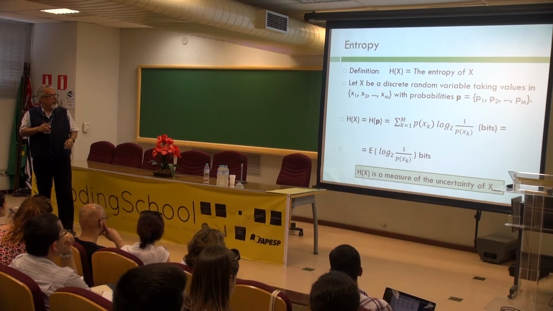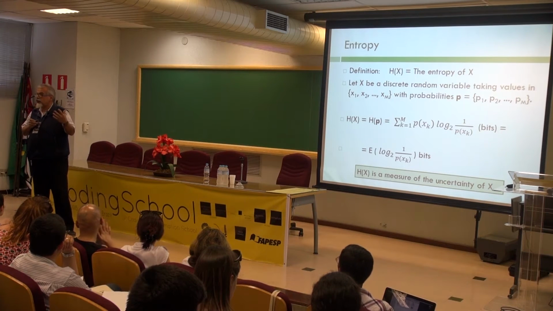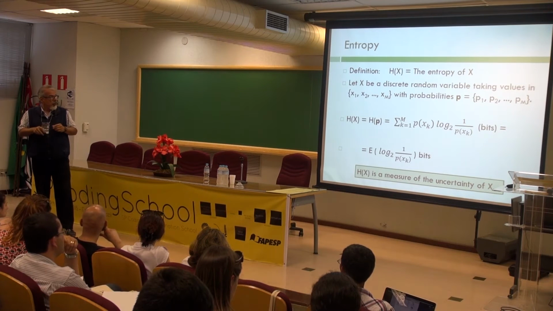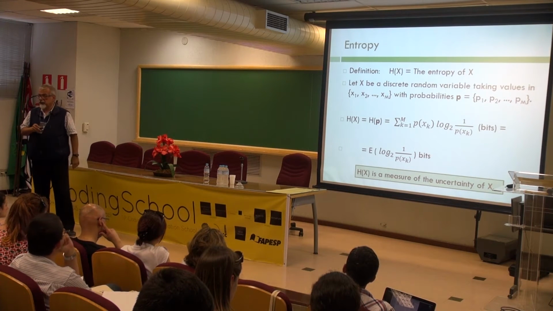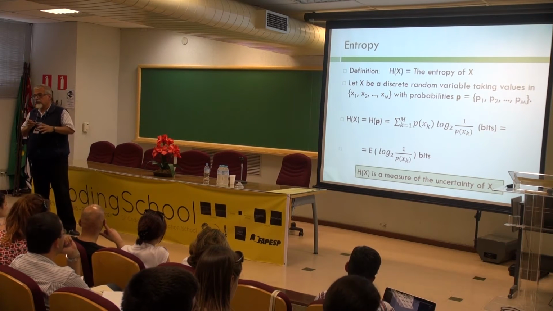So if I find, for example, suppose x2 here, I find that the random variable is really equal to x2, the amount of information that I received is proportional to log in base 2 of 1 over p of x2. And that may be a very large number, maybe a small number.